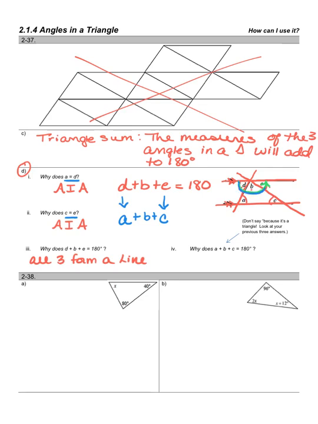It's part of these three angles that form the line, and it's part of the three angles in the triangle. Now we have A plus B plus C should also equal 180 degrees.